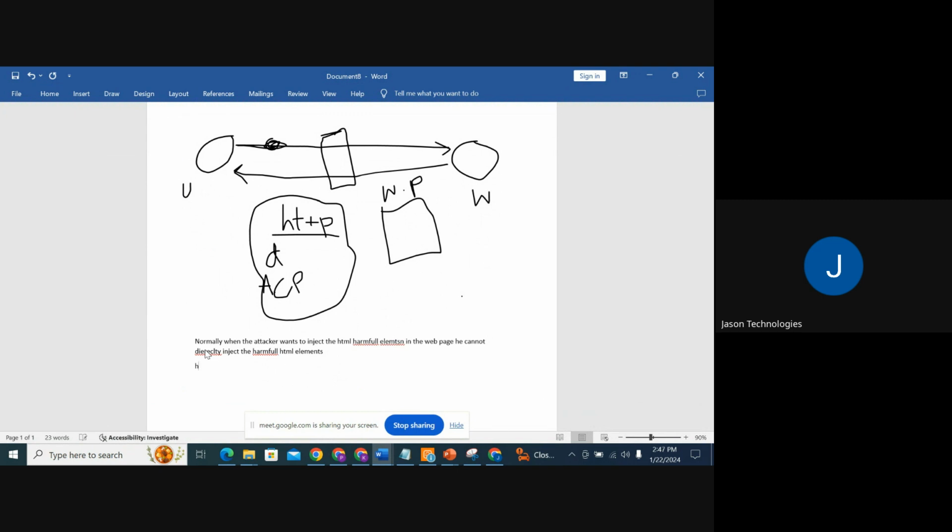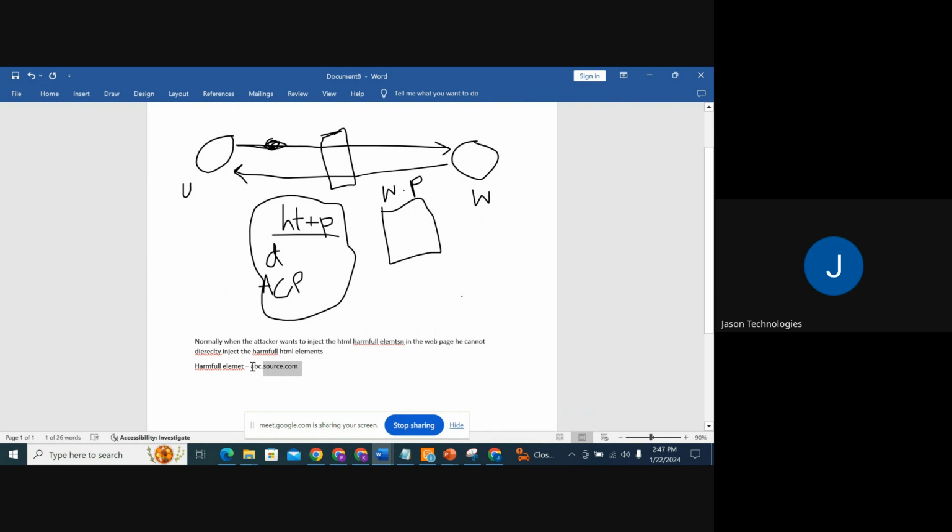Let's say, for example, the harmful element is abc.source.com, where source.com is the actual harmful element.